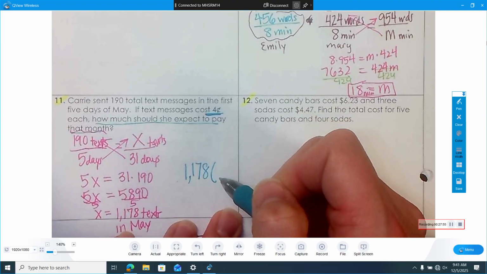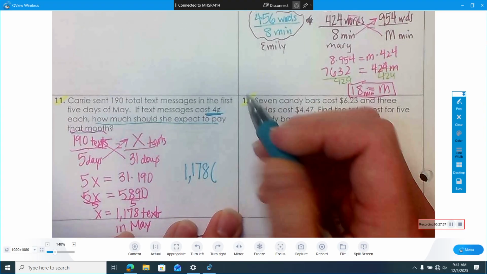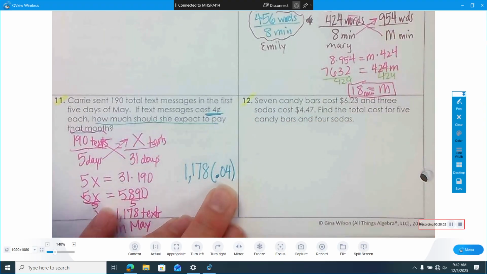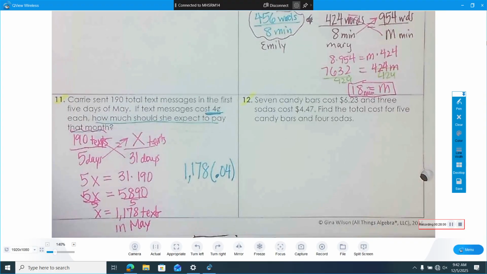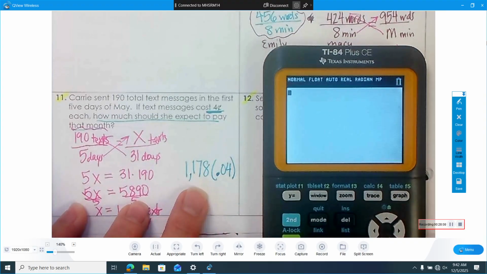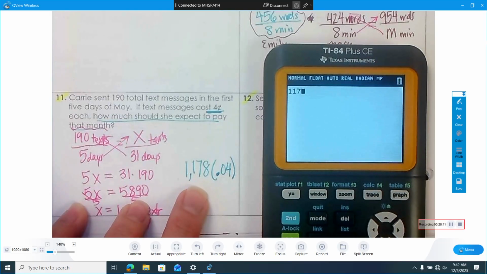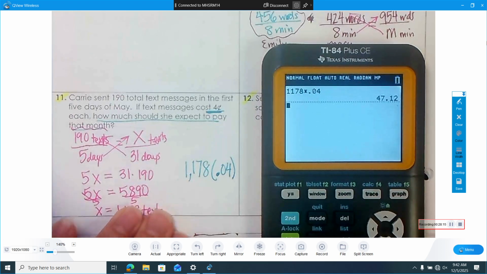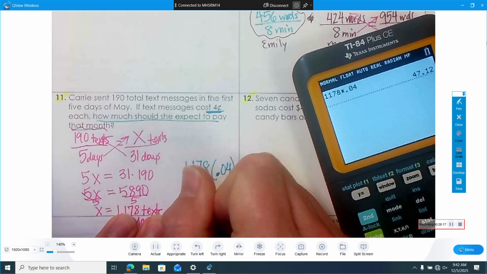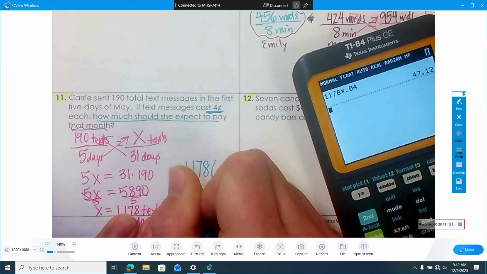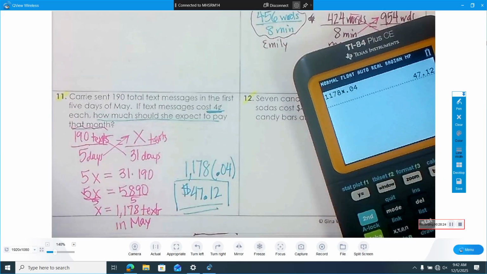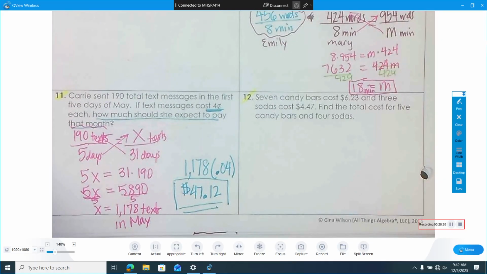Did you multiply by 4? Then divided by 100. Oh, okay. So 4 cents, I'm going to multiply it by its decimal, which is 0.04. That's 4 cents. And Easton multiplied by 4 and then divided by 100, which will give us the same result. All right, we get $47.12 for what she ends up paying for those text messages.